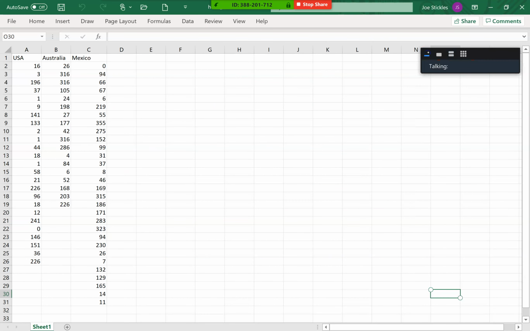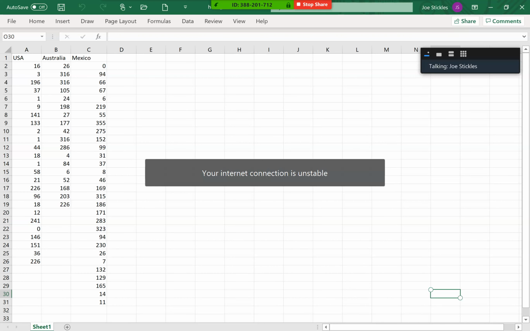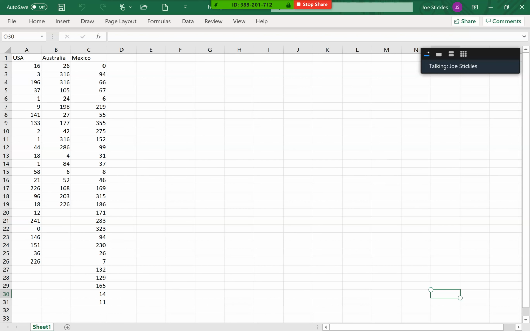All right. So I found some data. There's a website called Kaggle, which has all sorts of different data sets that you can play with. This particular data set was a whole bunch of information about hotel reservations around the world from 2015 to 2017. That's where I got these numbers from.